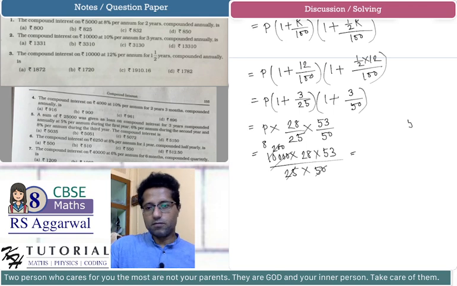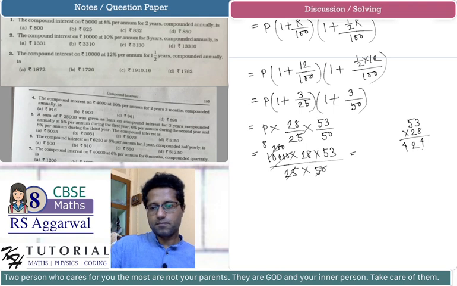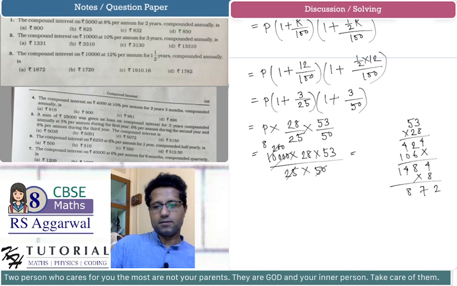Let's find out what is 53 into 28. That is 1,484. Then again multiplied by 8.